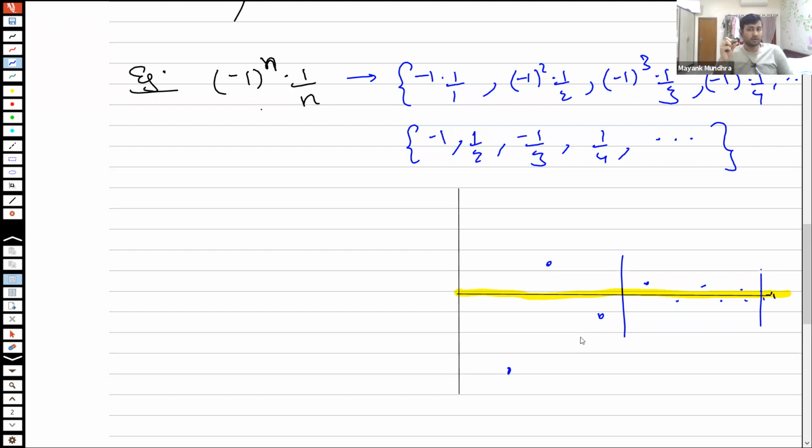The band will keep on contracting. But the important thing is that even if the band contracts, you can push the boundary further and still find all numbers inside this epsilon band. So for this case also, we say that the limit as n tends to infinity of xn is equal to 0.